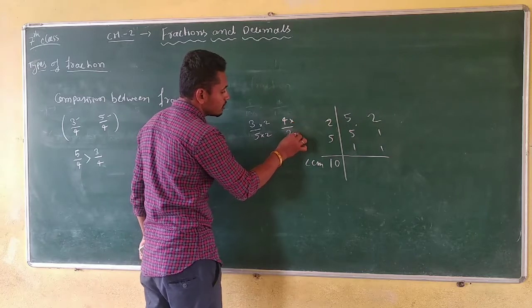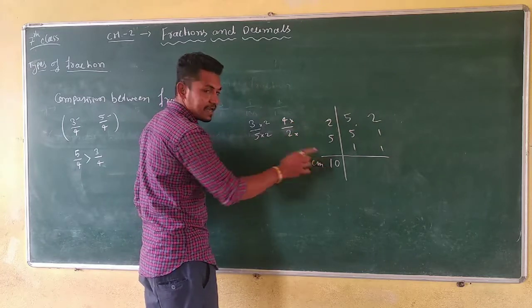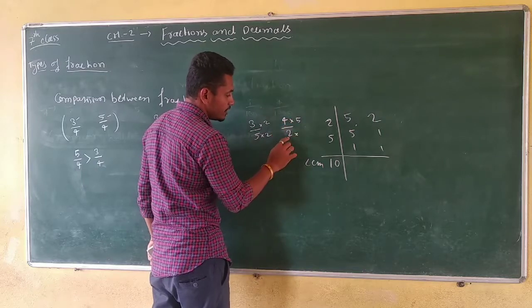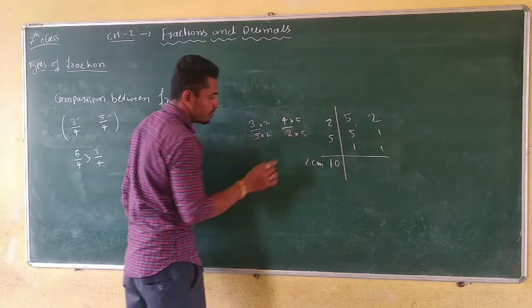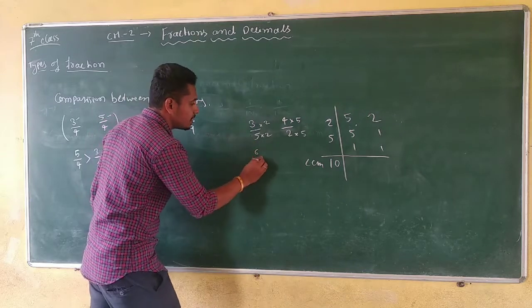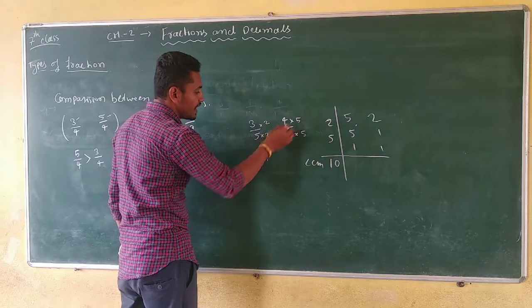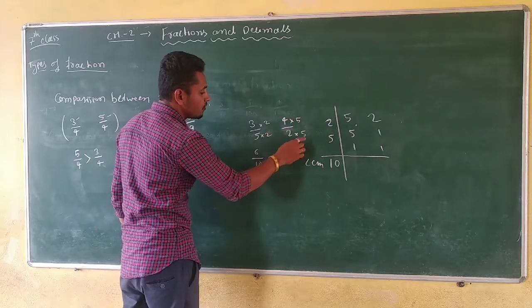Here 2 5s are 10, so the numerator is multiplied by 5 and the denominator also by 5. Now 3 2s are 6 and 5 2s are 10. Here 4 5s are 20 and 2 5s are 10.